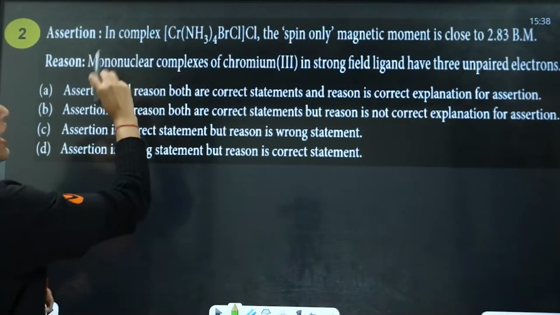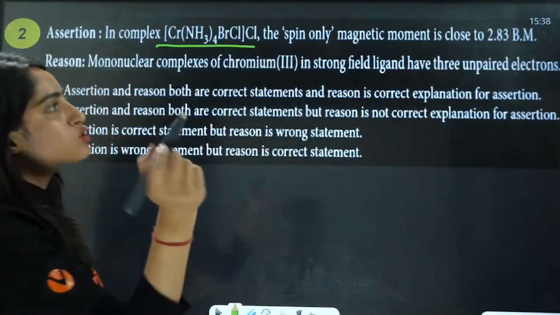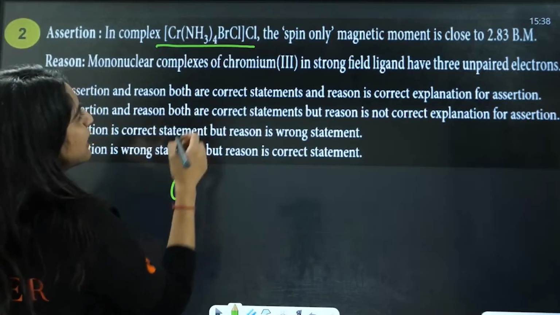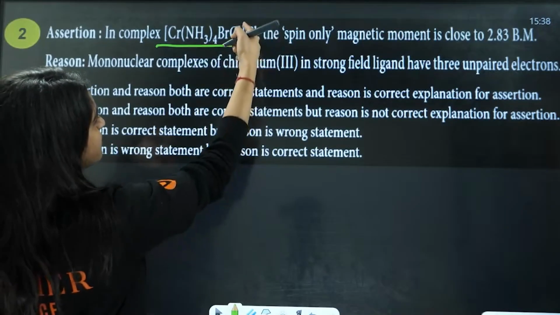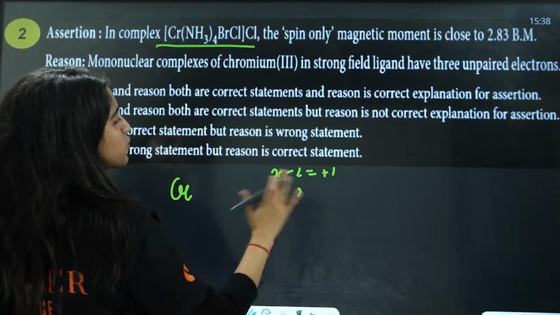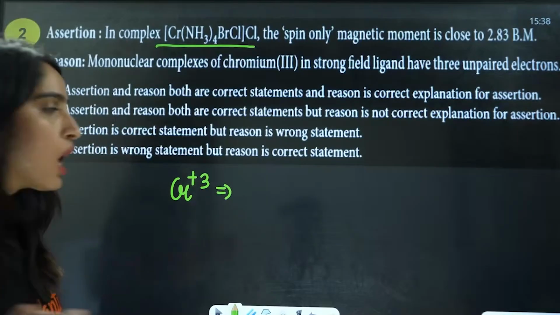Next we have a complex whose spin only magnetic moment is close to 2.83. Let us calculate this. The chromium oxidation state: x minus 2 equals plus 1, so that is plus 3.